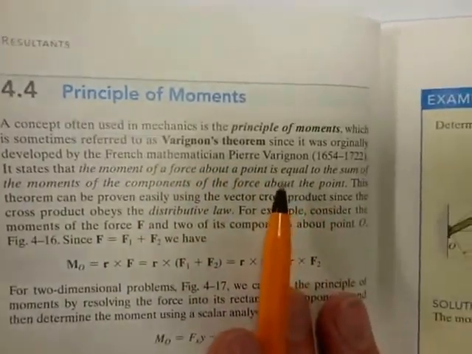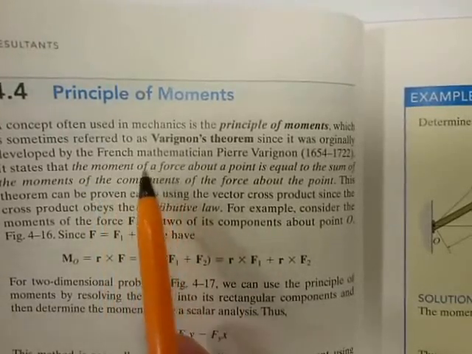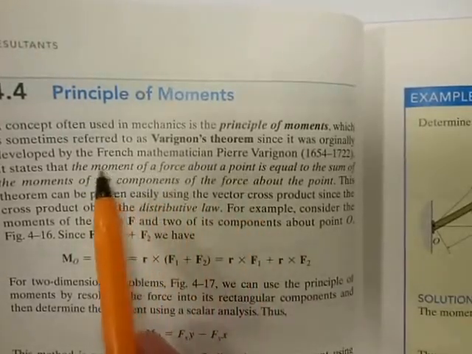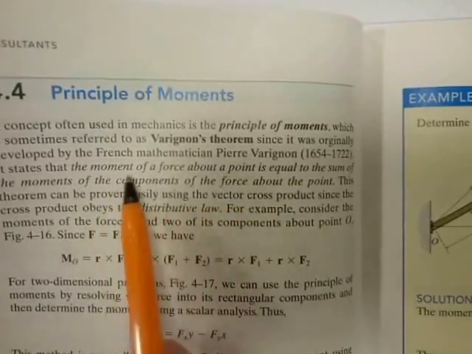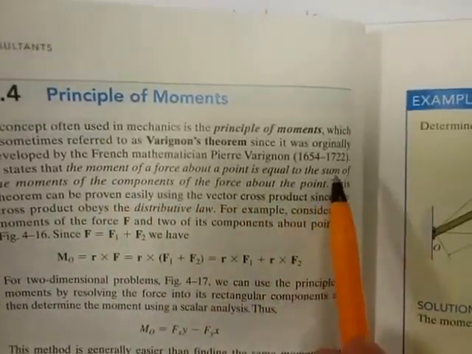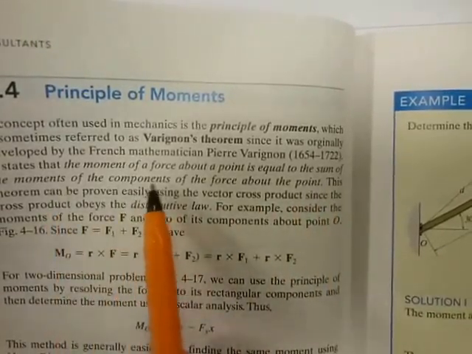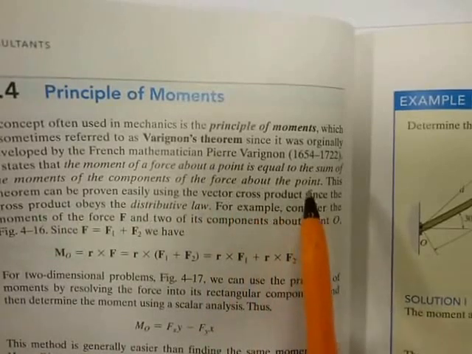What does this theorem state? It says the moment of a force about a point, which is what we're used to, is equal to the sum of the moments of the components of the force about the point.